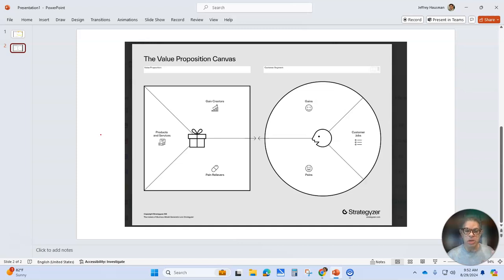What you're trying to do is understand a potential customer's jobs, the things they do during the day, where your product might serve them well. That's part of understanding the value proposition for your individual customers.